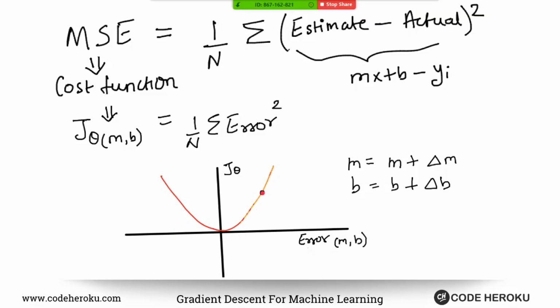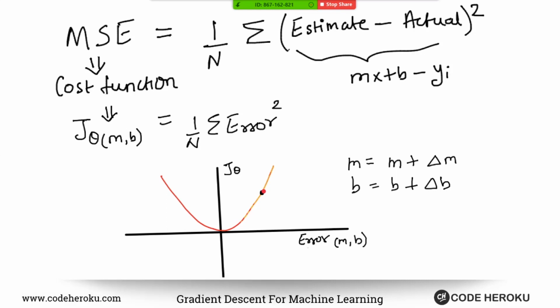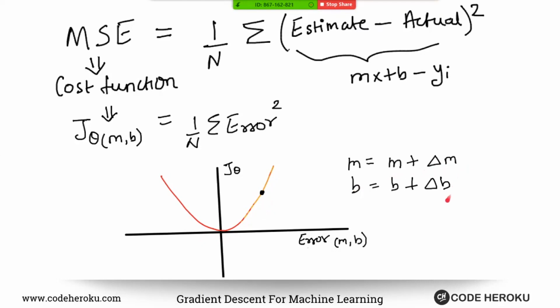If you want to go down over here, what is the minimum error? Error minimum is 0. It is over here. If you want to go to this point, the first thing we need to do is decide either to increase m or decrease m, or increase b or decrease b. Forget about how much to increase or decrease. The first thing you want to know is, should I increase m or decrease m?